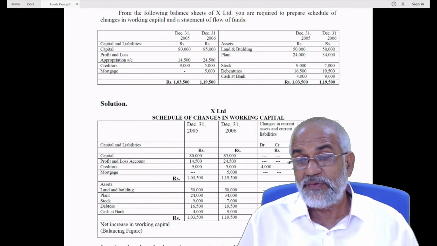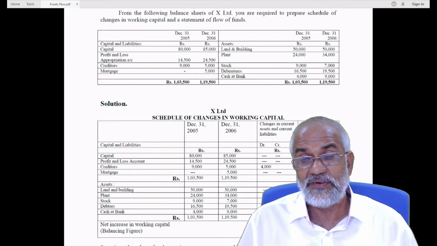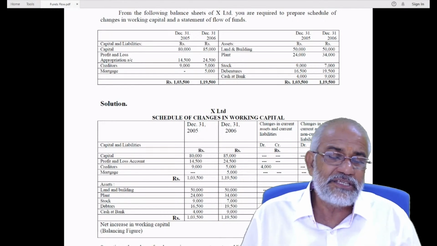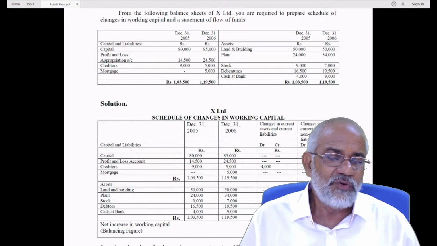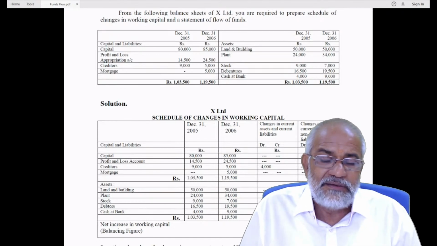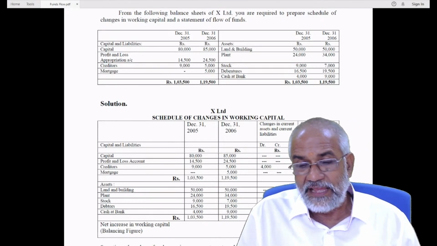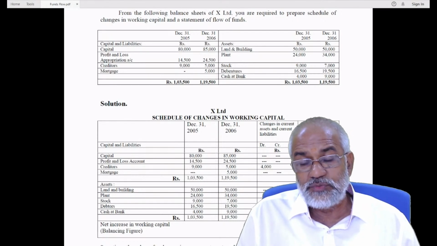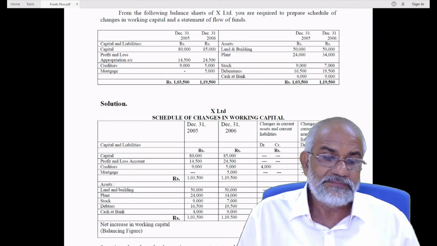So when we prepare the funds flow statement at a subsequent stage, we can directly take the figures appearing in the credit column of the non-current category as sources of funds, and the items appearing in the debit column as the application or usage of funds. So in our own interest, we must prepare these two additional columns for the non-current category.